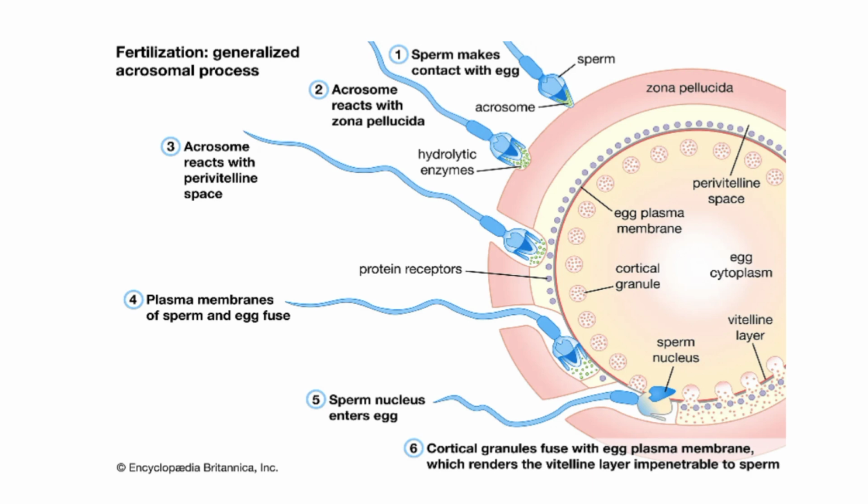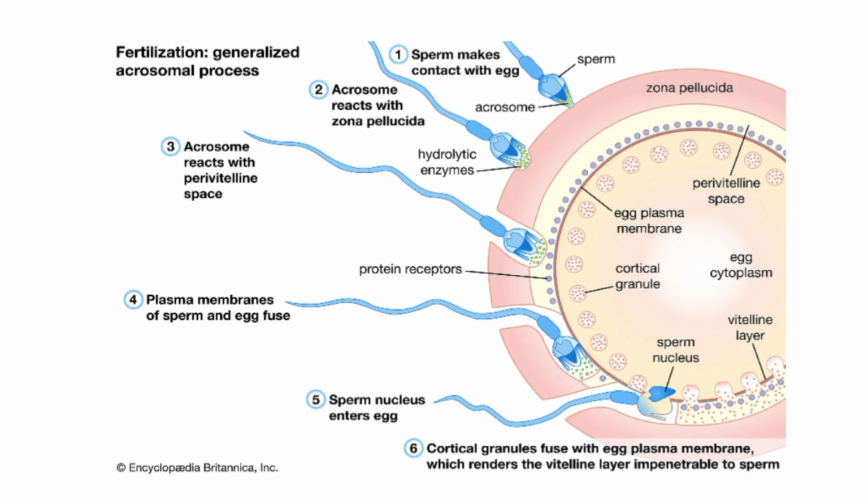Okay, so on 3, as you can see, the acrosome reacts with the perivitelline space. On 4, the plasma membrane of the sperm and egg fuse together. Then on 5, the sperm nucleus enters the egg. There are so many sperms around this, which come into contact with the corona radiata.